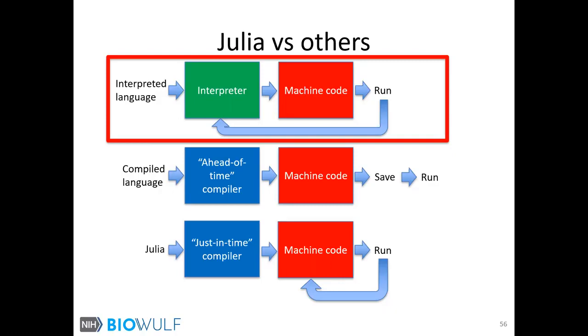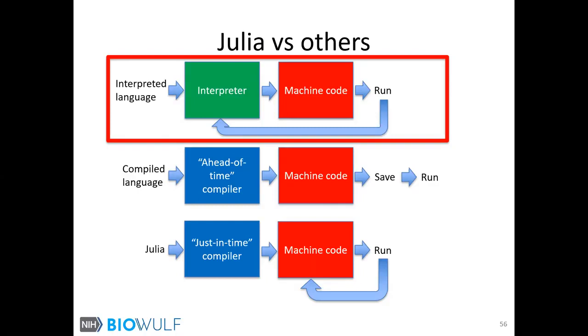An interpreter, in simplistic terms, looks at the first line of the code and translates it into machine code, sometimes not directly, sometimes there's an intermediate code, it just depends. But let's just assume for the purposes of this cartoon that you turn it into machine code and then you run it. And then after running that line, you go back to the interpreter and you go to the following line. So this is how, in simplistic terms, an interpreter works.